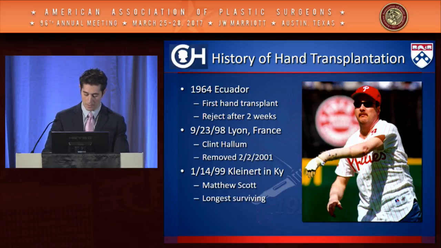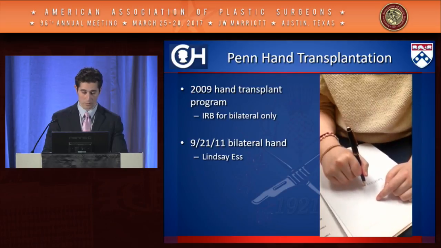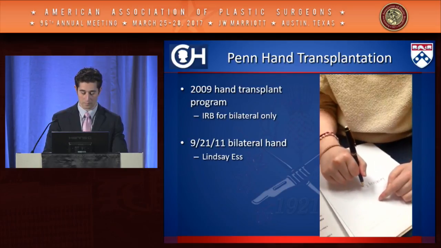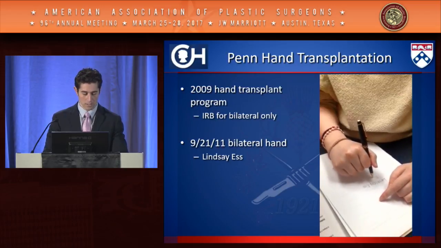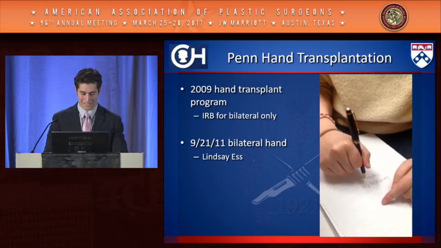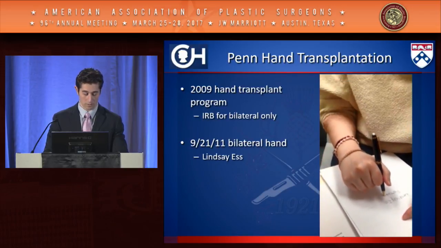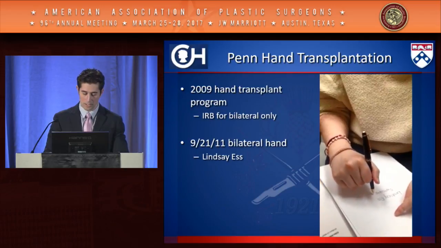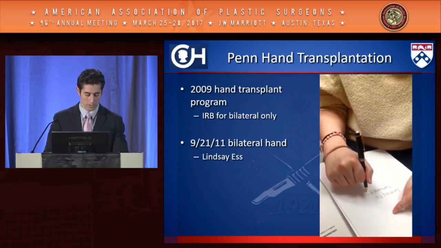So the team at Penn actually visited the Kleinert Institute, and subsequent to that, in 2009, developed the Penn VCA hand program. Two years later, they performed a bilateral hand transplant on 28-year-old Lindsay S. Over 2 years later, she's been doing very well. She functions independently and lives independently as well.